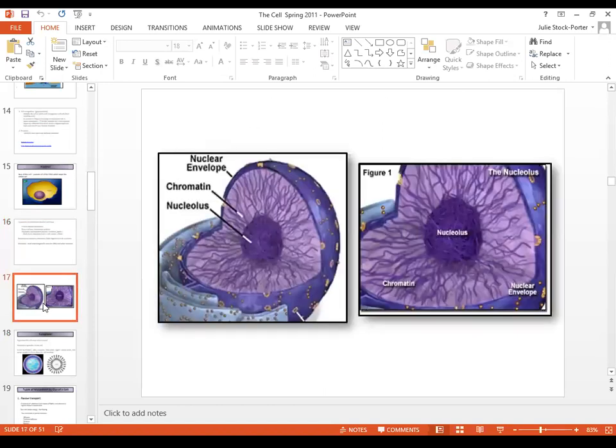If we look here, we can take a closer look at that. Now notice that your nuclear envelope or membrane, you call it either one, it makes no difference to me. But if you look carefully, do you see the holes? These are the pores that I was talking about that allow things in and out of the nucleus.